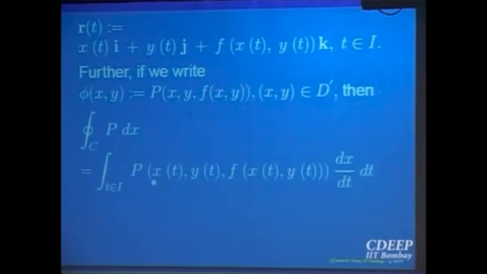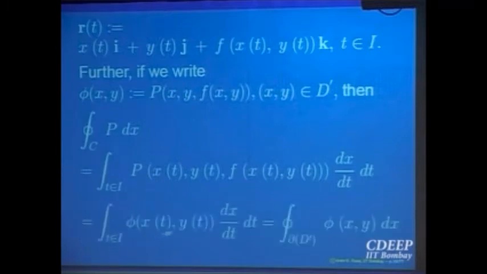Now this function we have called phi, so let us write it in terms of phi. You will see why we are writing it. So this integral becomes the integral over t of phi(x(t), y(t)) dx/dt dt. Now it looks like a function of two variables only. Phi is a function of x and y.